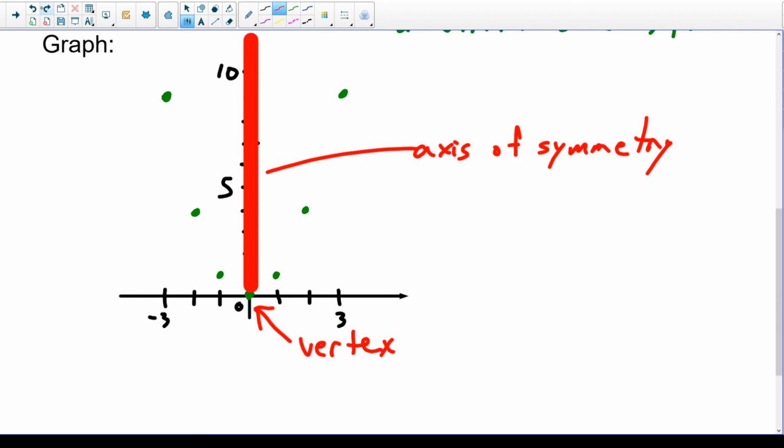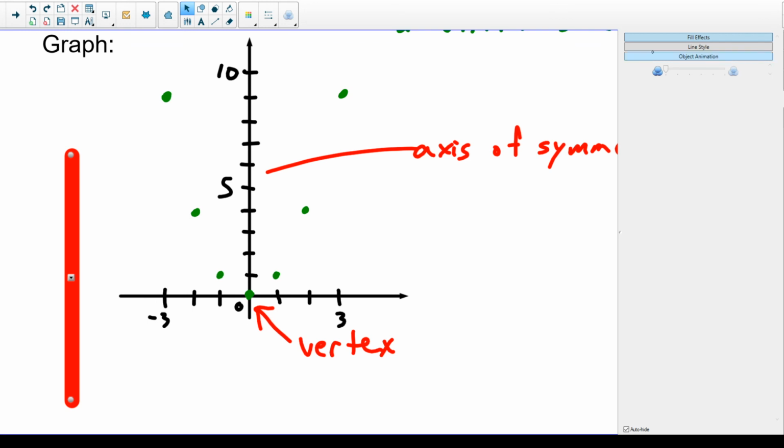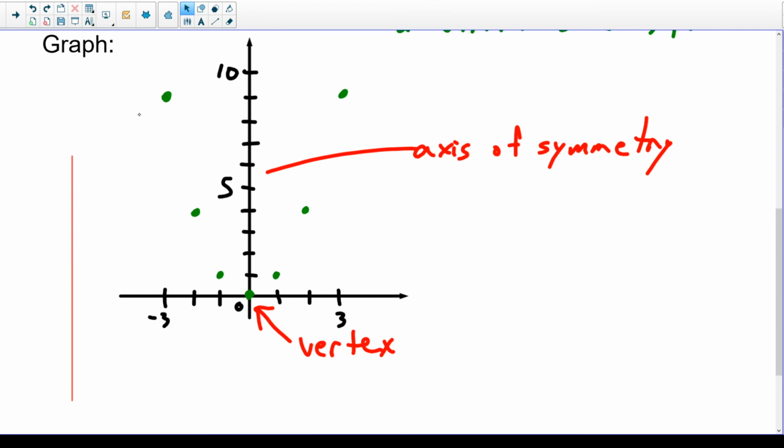Okay, now I drew that a little bit thick, so I'm just going to move it out of the way. I'm not sure if there's a way that I can make that thinner. No, there isn't. Oh yes, there is right here. Thickness. Okay, perfect. So the axis of symmetry is the line going straight down the middle of the parabola, and the parabola is symmetrical along either one of those sides.